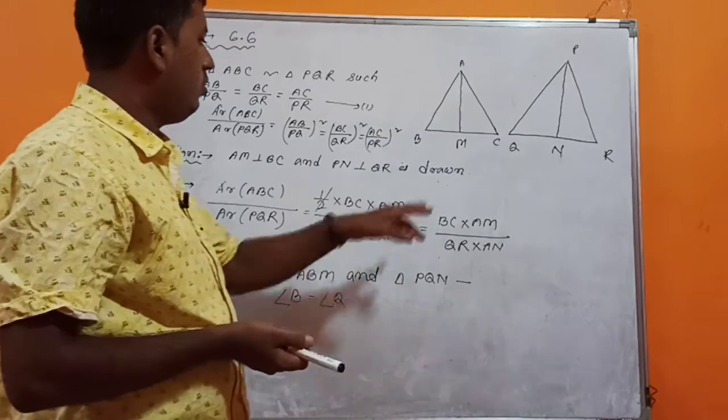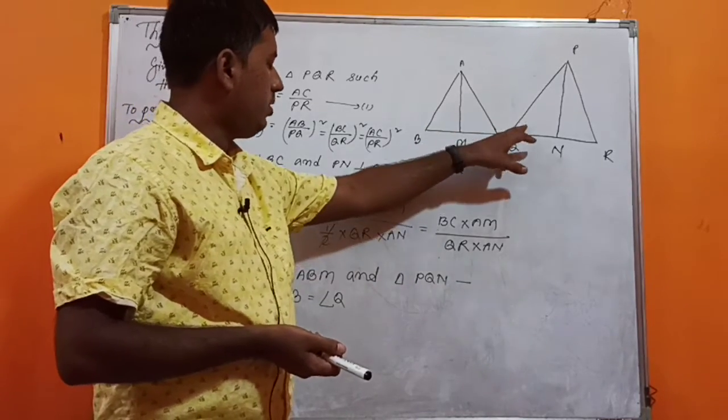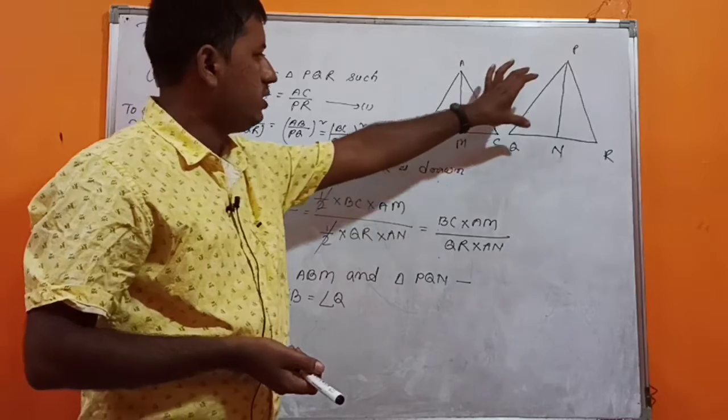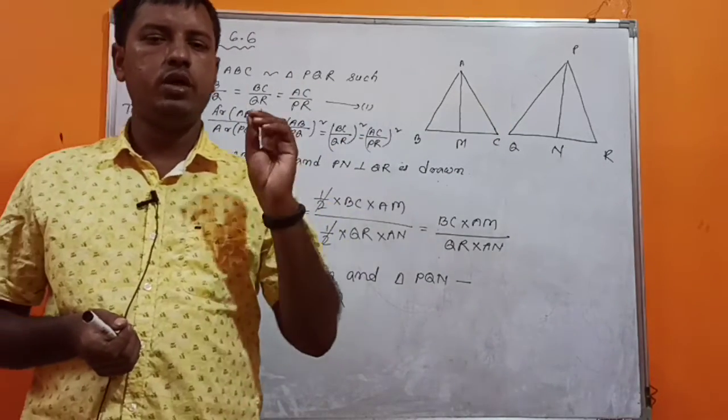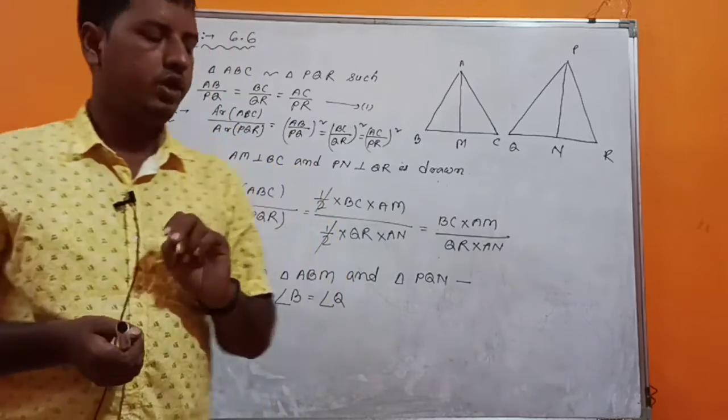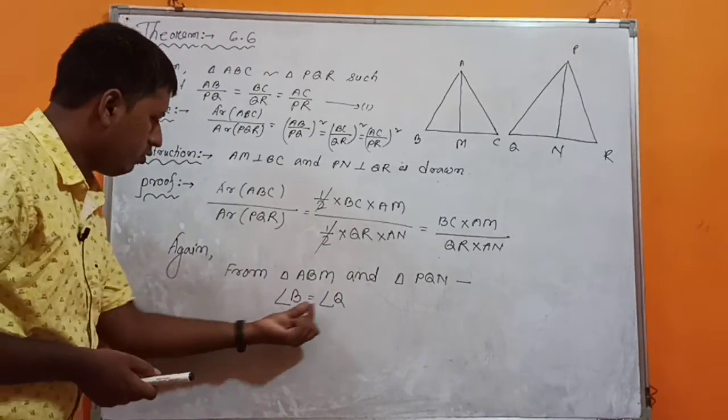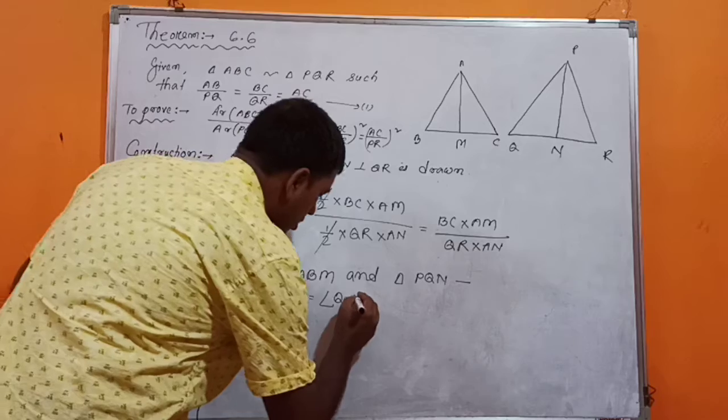From these two triangles, angle B is equal to angle Q, because triangle ABC and triangle PQR are similar to one another, and if two triangles are similar, then their corresponding angles are also equal. For that I have written angle B equal to angle Q.